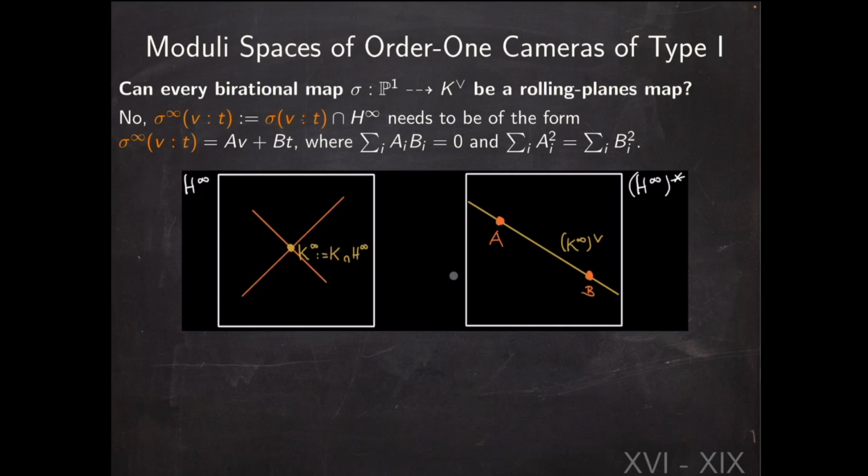This fact is algebraic in the end, but it comes from the fact that we're actually dealing with rotations here, and that's the information that a rotation carries over to the plane at infinity, if you want. So you cannot have arbitrary birational maps. You cannot choose these orange planes in an arbitrary fashion.